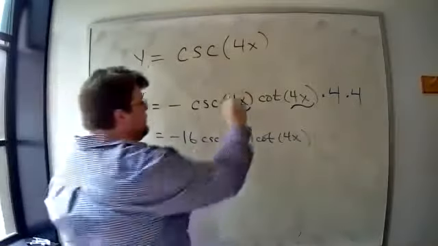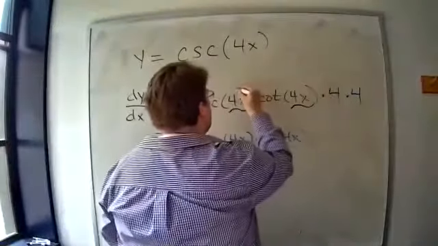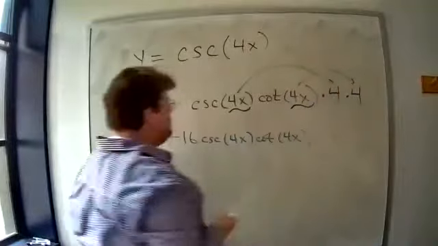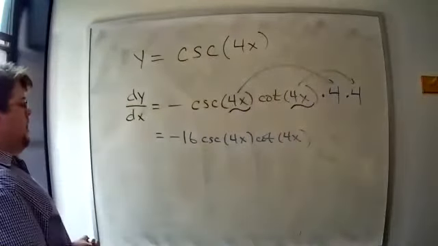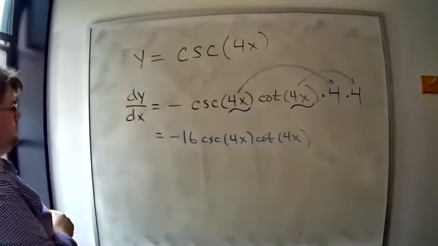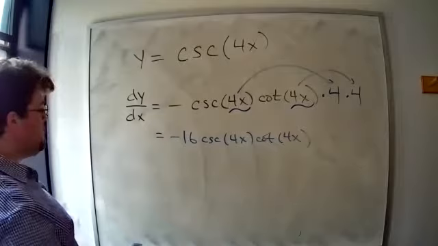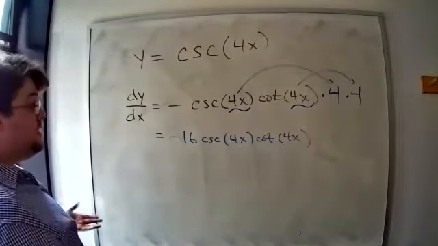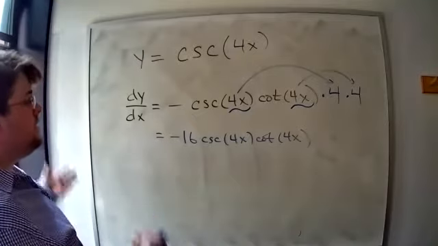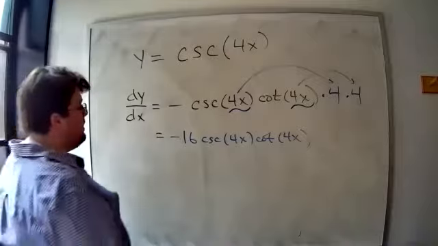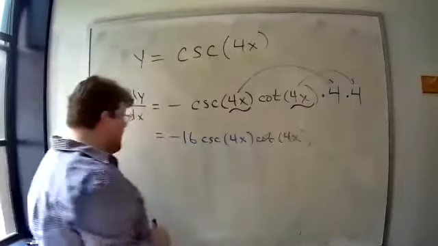This first 4x gave us that 4, and this next 4x gave us that other 4. This answer is incorrect, and it's a very easy mistake to make. I made it when I was learning these. Then I looked at the details of the chain rule and realized exactly why only one 4 shows up, despite there seemingly being two inside quantities.